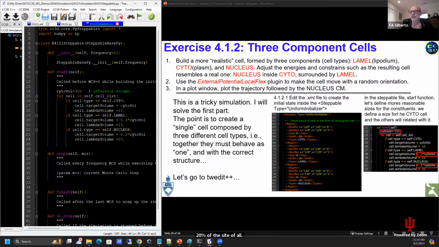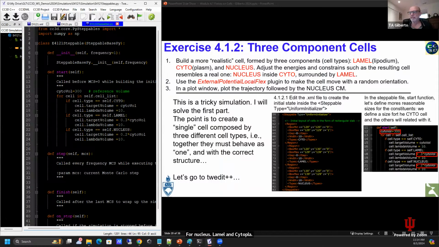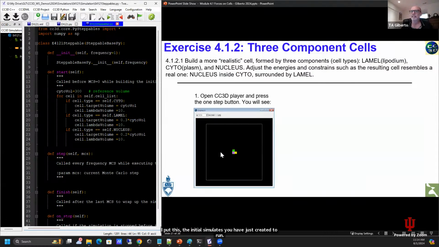So I will have 390 and 60 pixels for nucleus, lamel, and cytoplasm. Okay? This is very, very easy. If I put the initial simulation you have just created to run, at the beginning we will have this, let's see here, open and play.